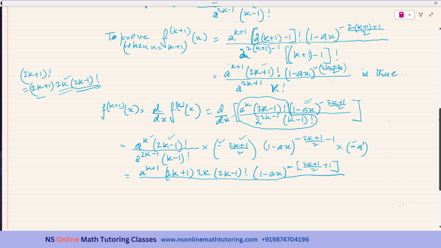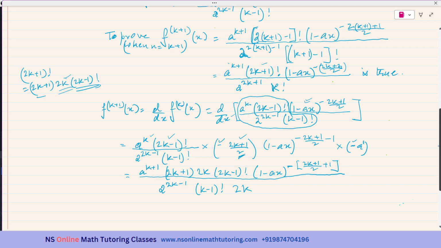And the denominator is 2 to the power of 2k minus 1 and k minus 1 factorial, and I should be multiplying the denominator also with 2k. And you see, we needed the 2k plus 1.